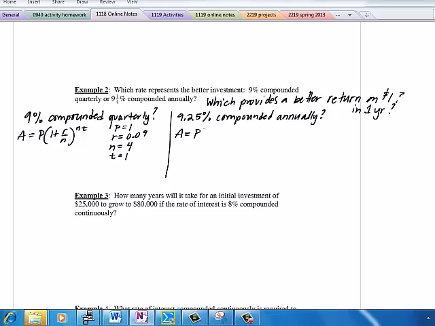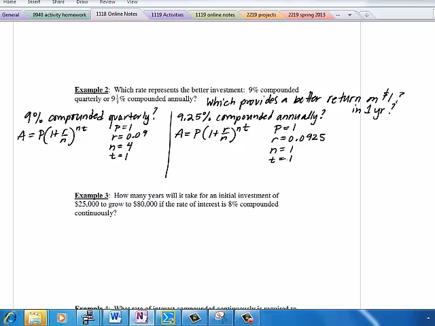On this side we'll use the same pattern with different values for R and N: the same principal, a different rate switched to a decimal, a different N value, just 1, and the same time.